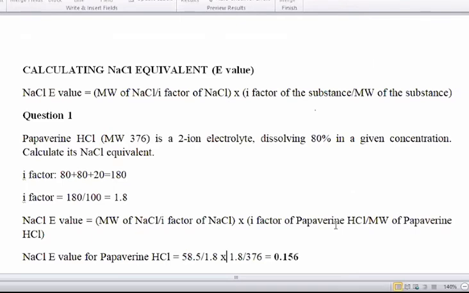When you do that, multiply those which are on top, 58.5 by 1.8, divide by 376, you get the answer.